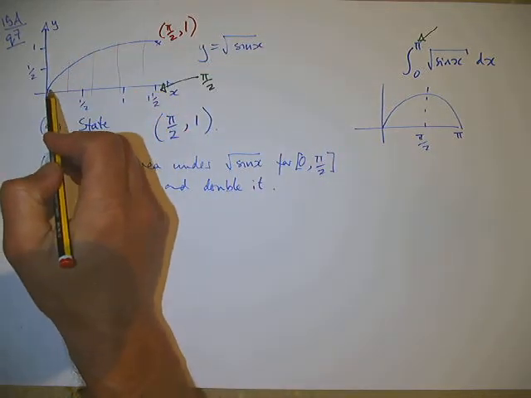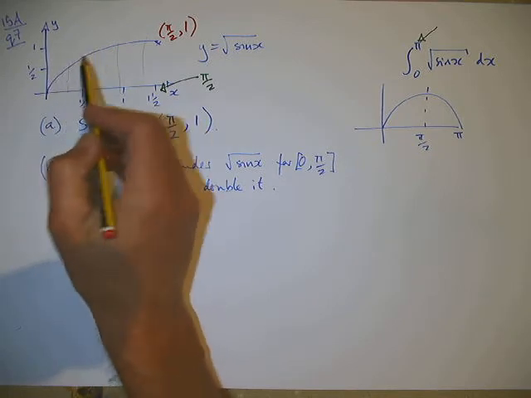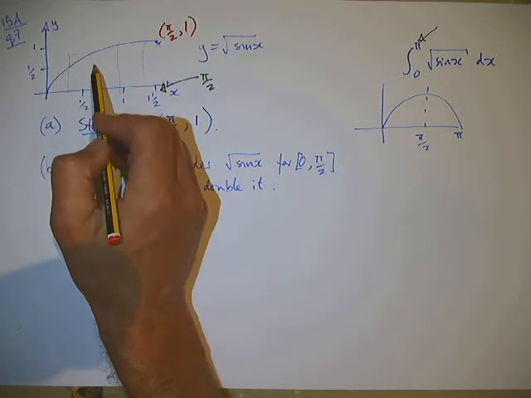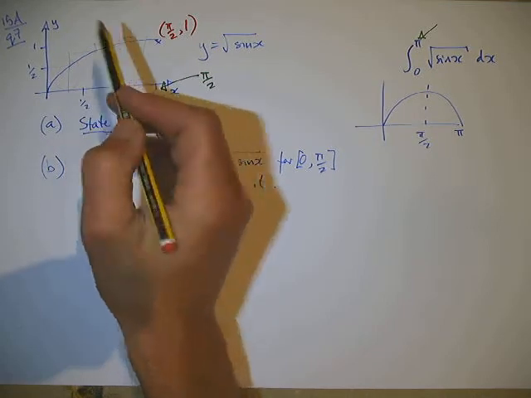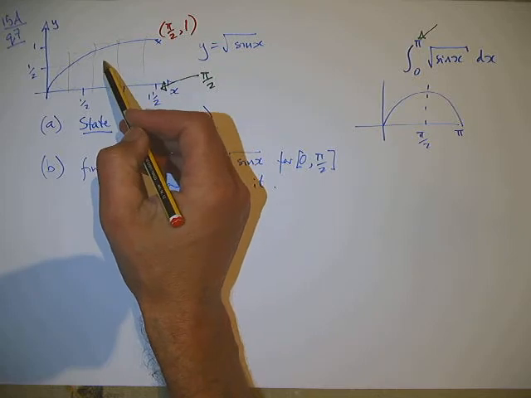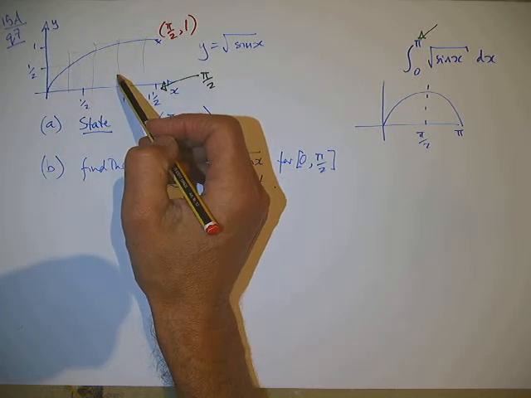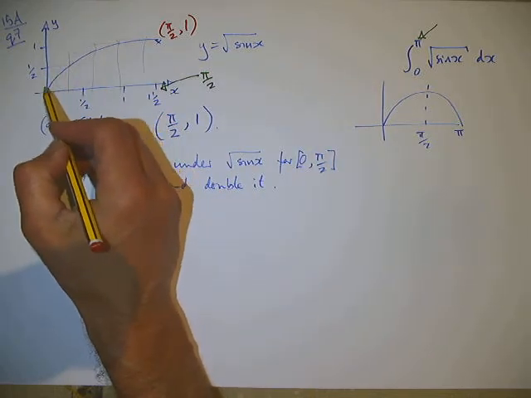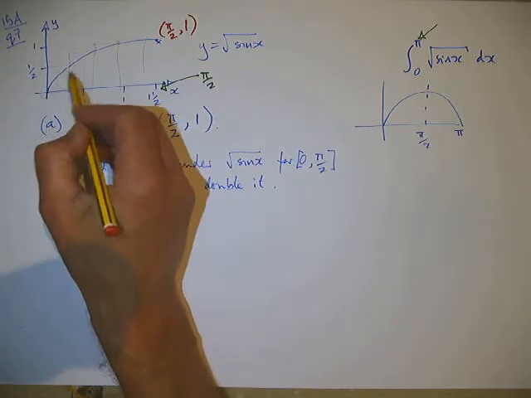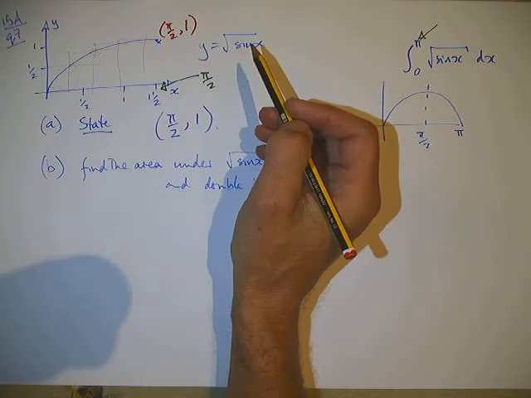If I drew a rectangle between here and here and used the upper value, the right hand value, the rectangle is going to be above the line. That would give an upper bound for the area. If I chose to use the left hand values each time, I would get a lower bound.